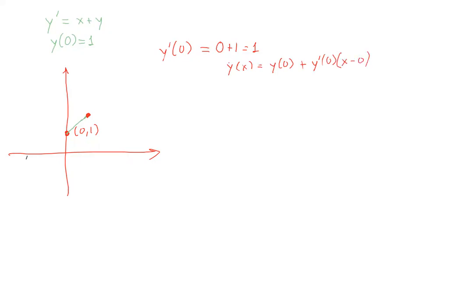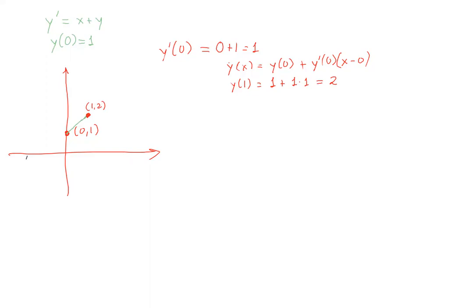That's the equation of the tangent after all. From here, you can say that y1 is the y of 0 that you had, which was 1, plus the slope, which we said was 1, times the length of the interval, which is again 1. So this would be equal to 2. So you can argue that the value here is 2, which means that you have the new point (1, 2).